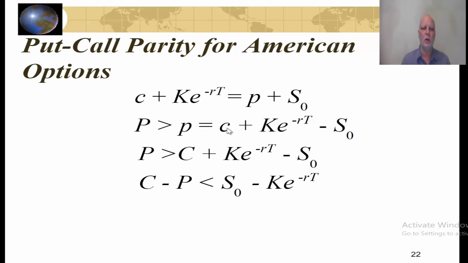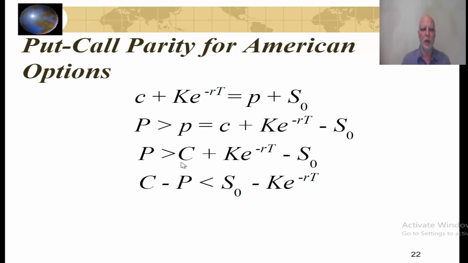Well, the value of the American call is the same as the value of the European call, so we can replace the little c with the big C, and we just get the value of an American put is going to be greater than the value of an American call plus the present value of the strike price minus S naught.